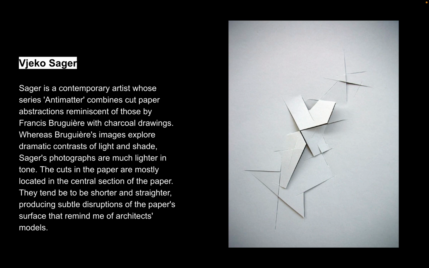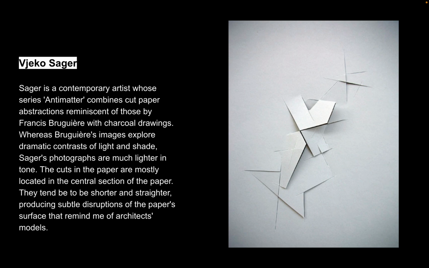So Veiko Sagar is a contemporary artist who did a whole series called Antimatter, where he combined cut paper abstractions, similar to what Francis did with some of his charcoal drawings, but where Francis explored more of the dramatic contrast of light and shade. Sagar's photos were a lot lighter in tone. So he really wasn't focusing on the really rich blacks versus the whites. He was looking more at kind of those lighter tones.